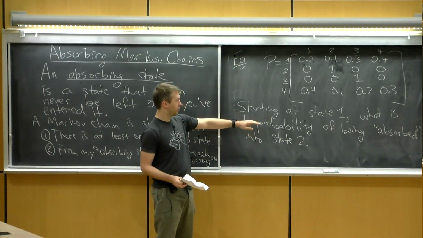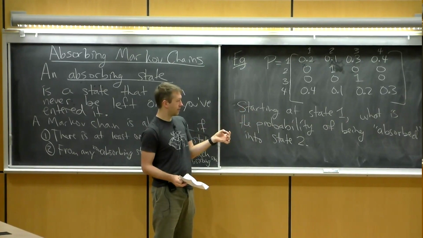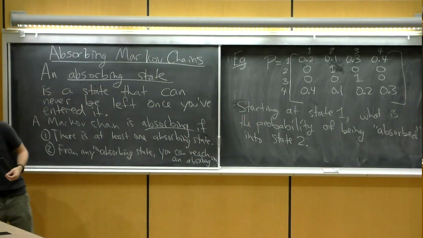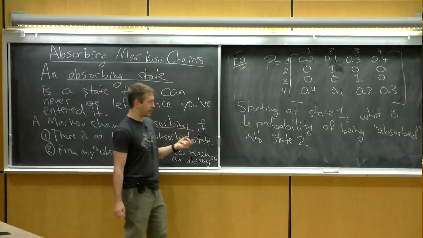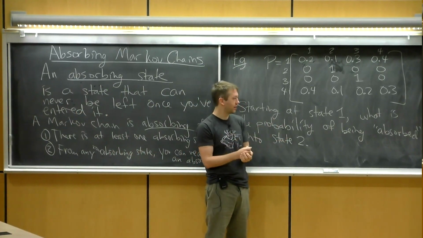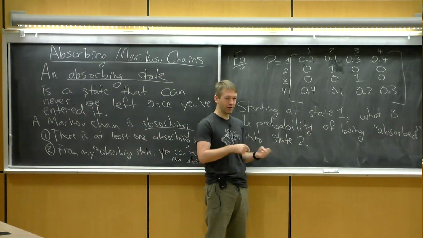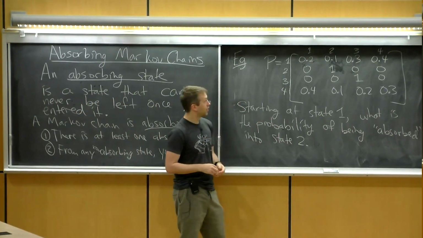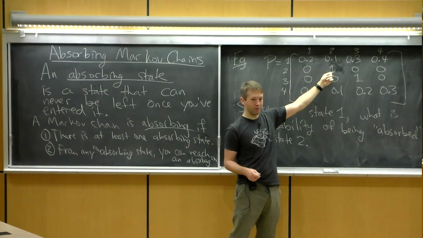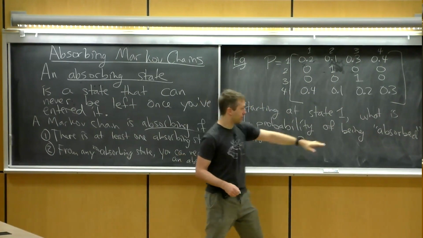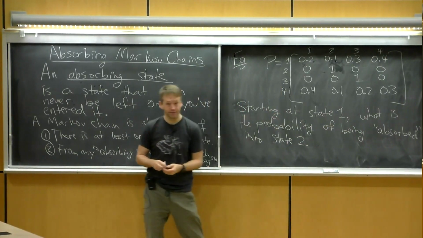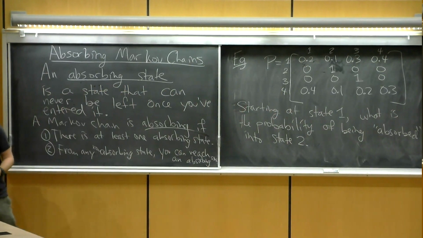If you start in state 1 and you keep running the Markov chain for a really long time, what's the probability that when you reach an absorbing state, you actually reach state 2 and you get stuck there forever? We can see, by the way, that state 2 is absorbing, because if you're in state 2, you have a 100% chance of going back to state 2. So being absorbed in state 2 means eventually you get to state 2 and you get stuck there forever. Is the question clear?